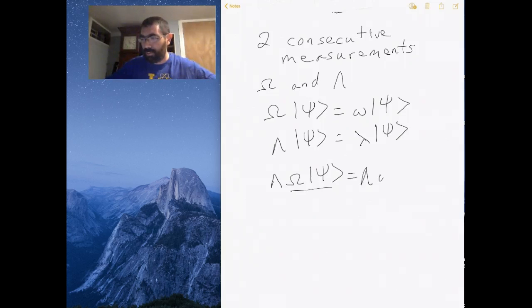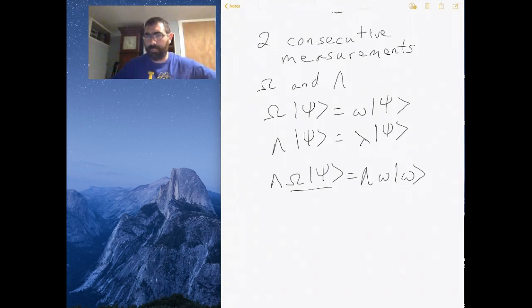Omega operating on psi is going to give me the eigenvalue lowercase omega, and then it's going to line up with that eigenvector omega, which is associated with the eigenvalue.